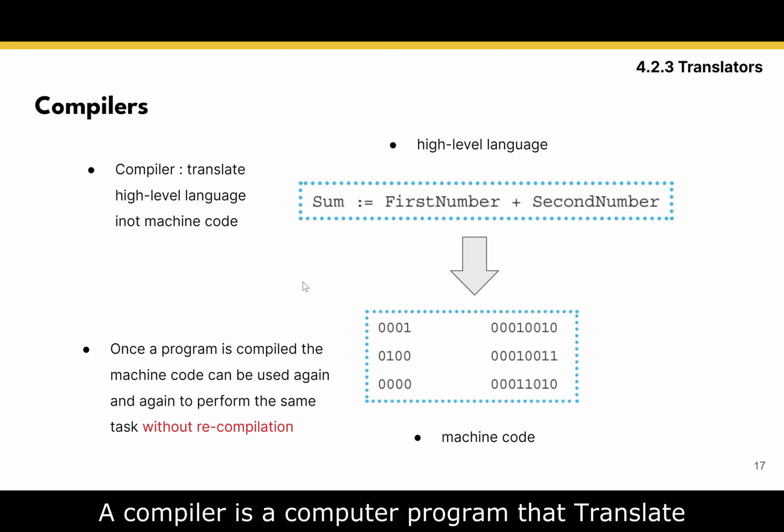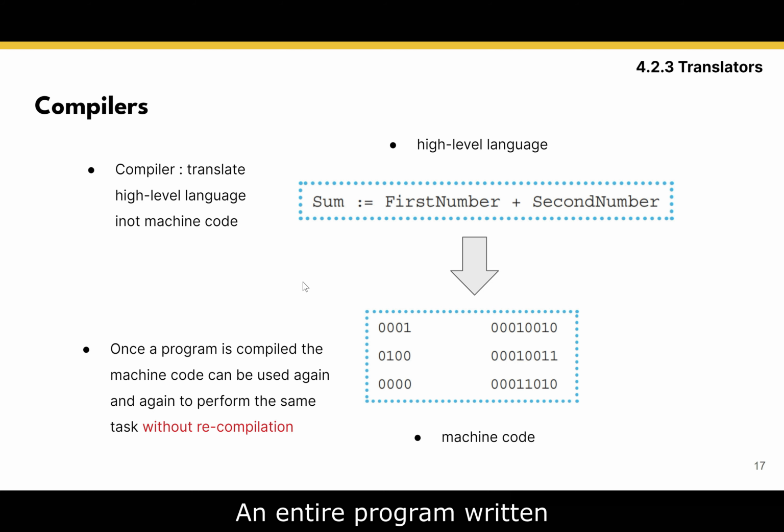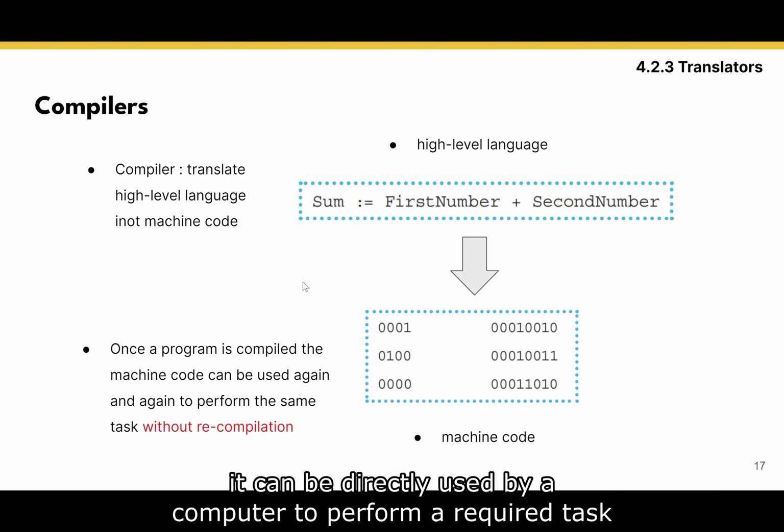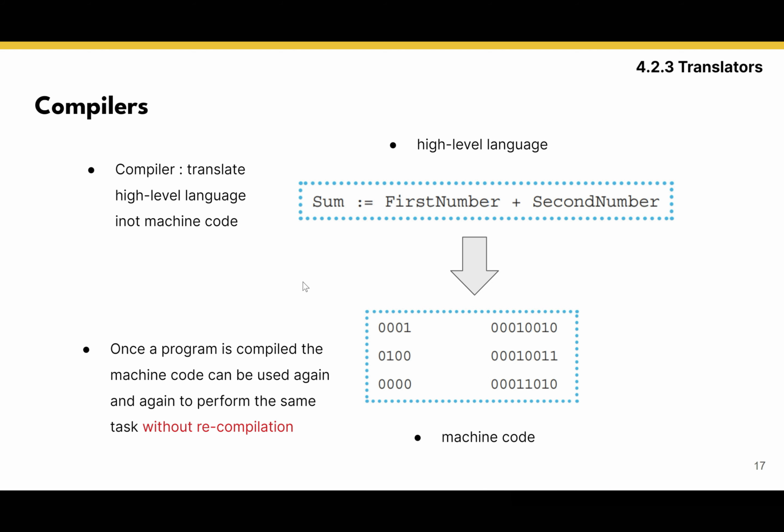A compiler is a computer program that translates an entire program written in a high-level language into machine code all in one go so that it can be directly used by a computer to perform a required task.